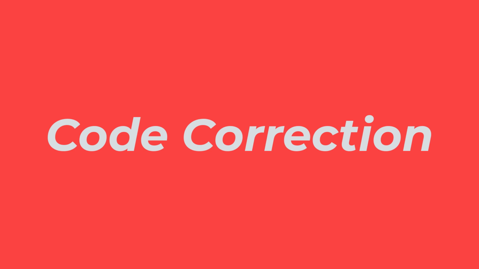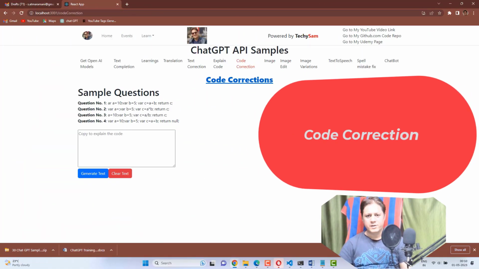In this lecture I will show you a sample of ChatGPT with the possibility of code correction. Let's say you have code and you are having some kind of bug. You can call this a bug fixer also, or correct the code, whatever. I have purposely made some mistakes in this small code, and I want it to solve my code.